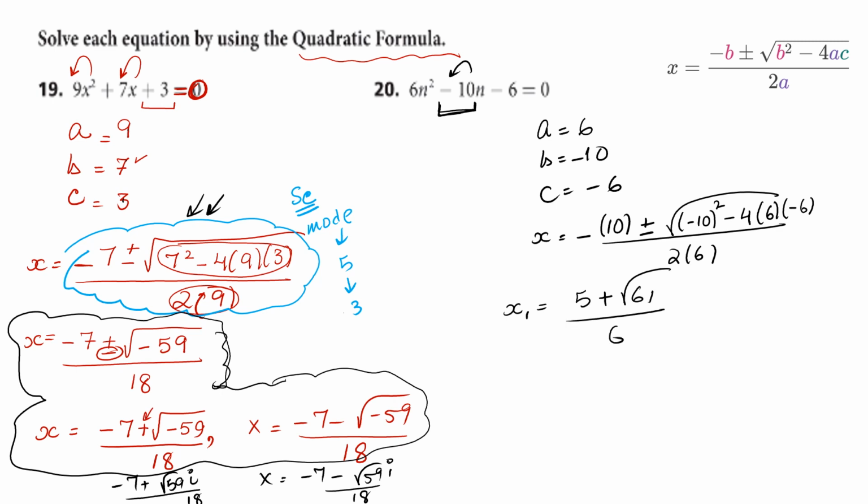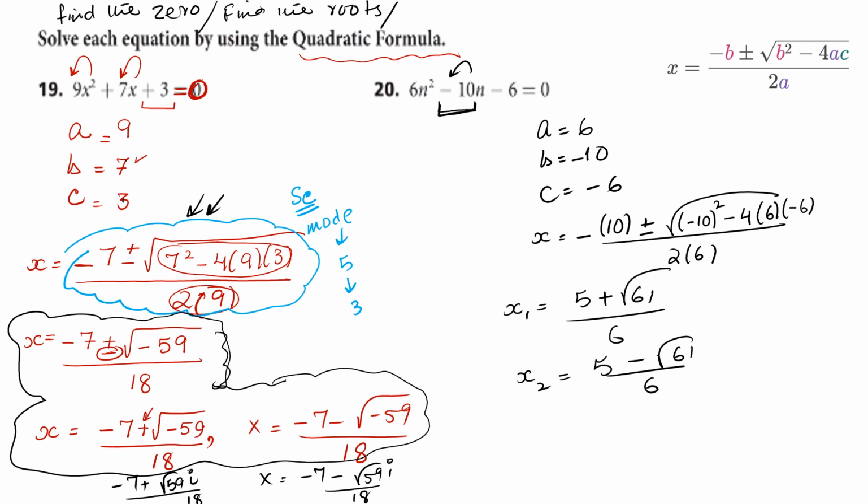Again press the equal sign and you will get another value, that is 5 minus square root of 61 over 6. What are they actually? Sometimes they ask you to solve. Sometimes they will ask you to find the zeros. Same thing. Sometimes they ask you the question as find the roots.